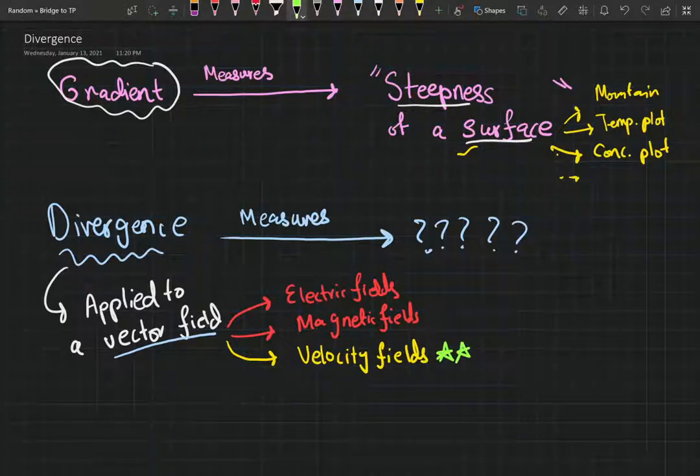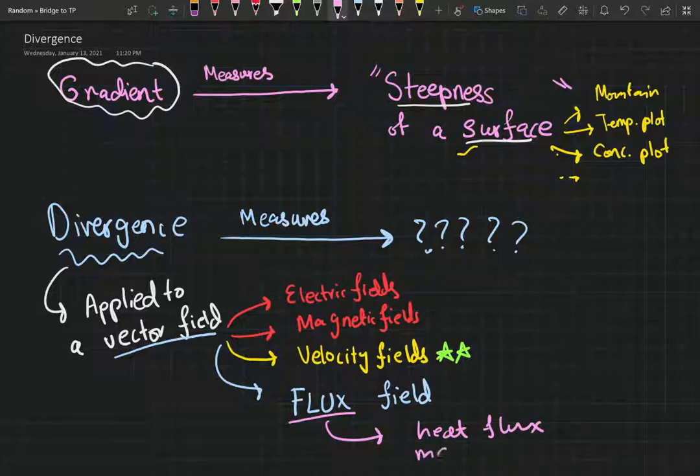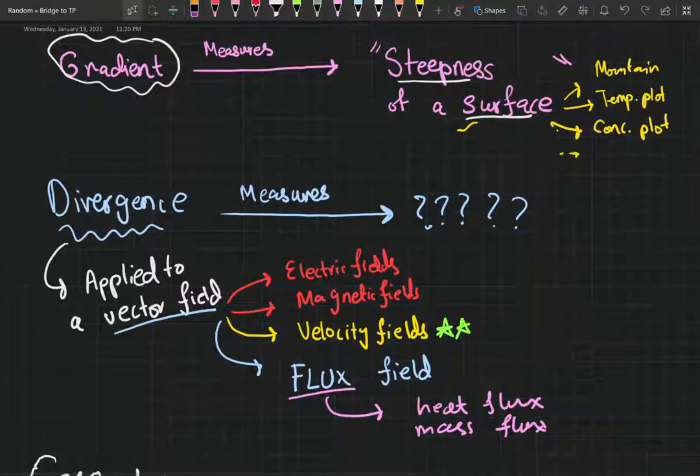Velocity fields are gonna be the star of our discussion, and it can also be applied to various flux fields, as you will study in your transport phenomena class. You can have heat flux, mass flux, and momentum flux. Those are the three main ones.